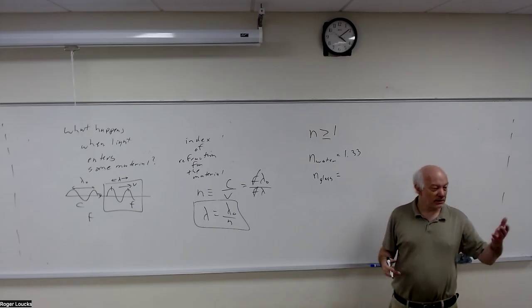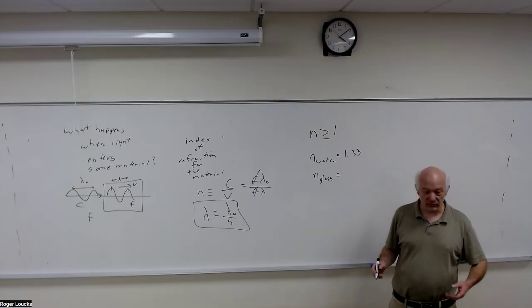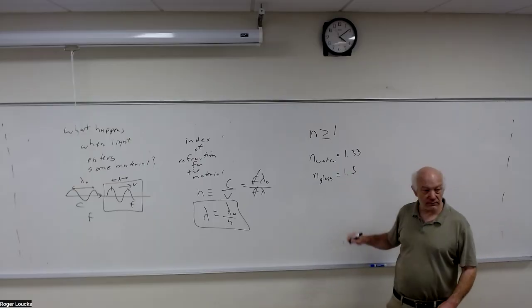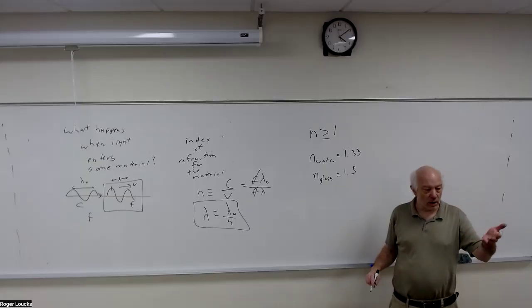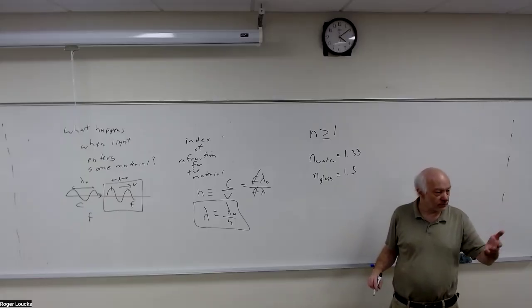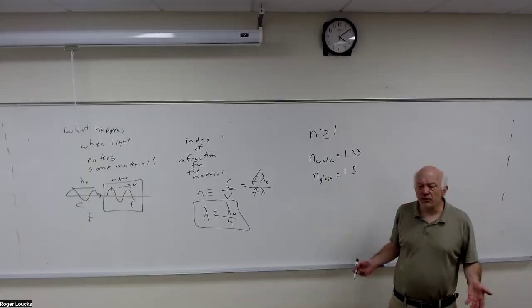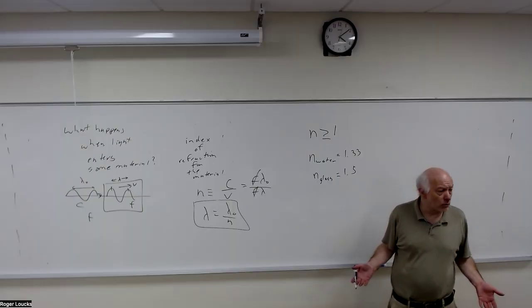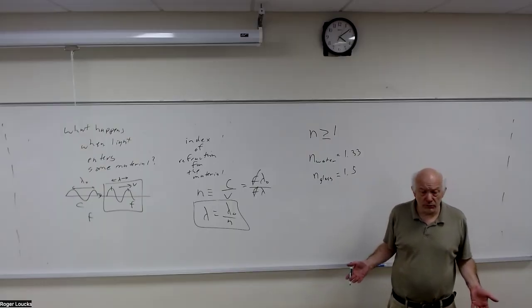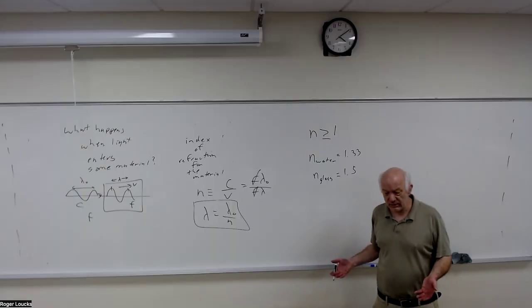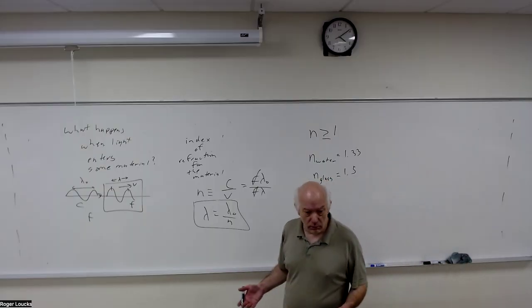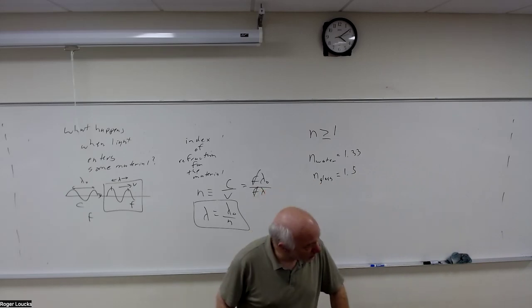Oh, I'm thinking of standard window glass, which is under like 1.5. Diamond gets up to something like that. So the point is that they're not going to vary a whole lot from 1, but they're going to be on this order here. Normally you don't have an index of a fraction of like 4,000. With a couple of exceptions.